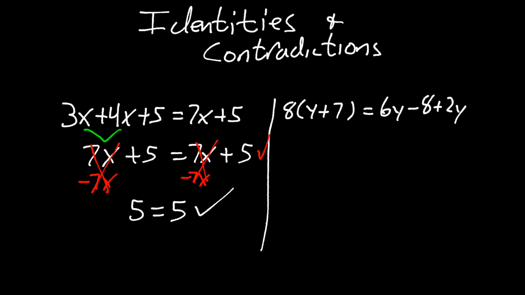This is true. And what happens in these problems for an identity is no matter what value you put in for x, it's going to work. You're going to get an answer no matter what value x is, whether it's 0, negative 3, or positive 500. It's going to work for both sides. So that is an identity. So I'll label that as identity.